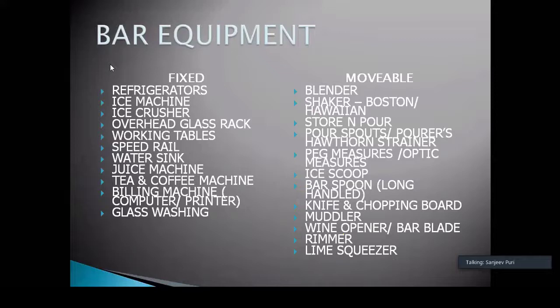Then you have a rimmer. The rimmer has got three parts. One is a sponge that is kept moist with lemon juice or water. Then one part consists of sugar and one of salt. You have to be very cautious when using the rimmer.